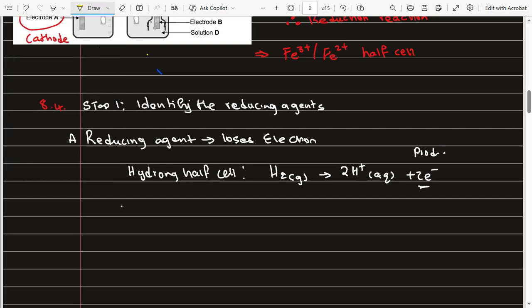We are saying that the hydrogen gas loses electrons. Look at this: a reducing agent loses electrons, and we can see that the hydrogen gas is the one that loses electrons. So this H2 is going to be your reducing agent. Okay?